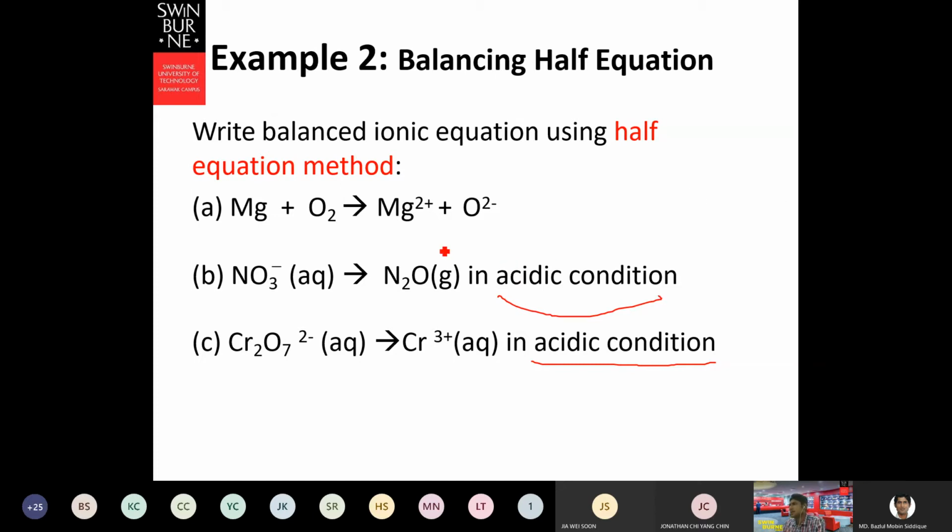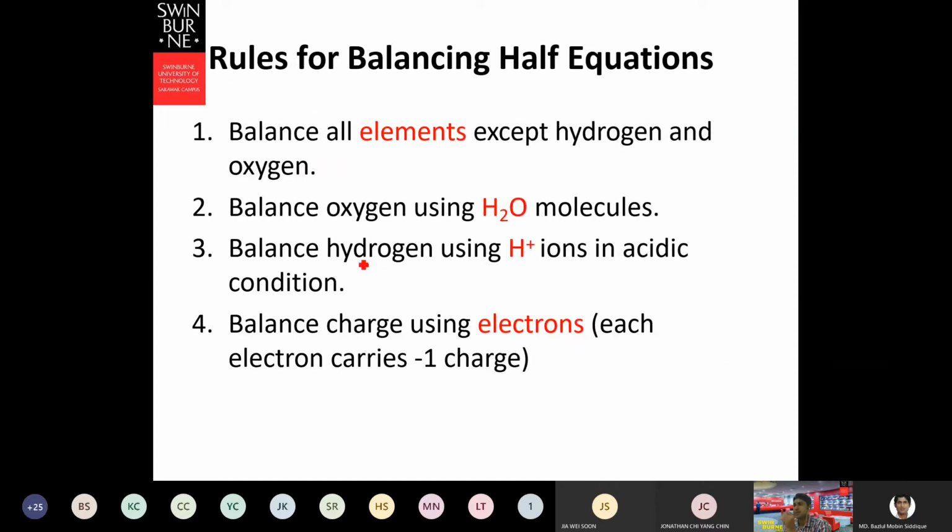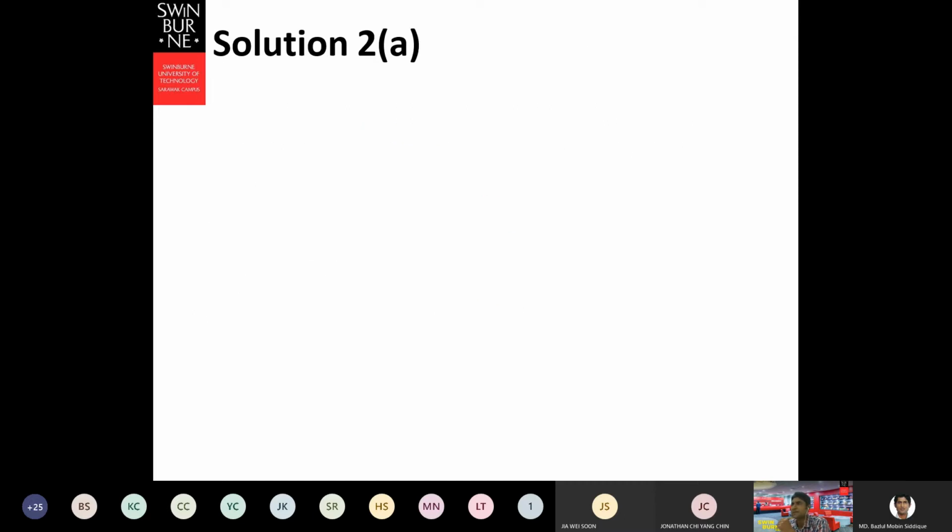With the rest of the charge, we balance using electrons, adding or subtracting electrons on either side where suitable. These are the rules for balancing the half equation.